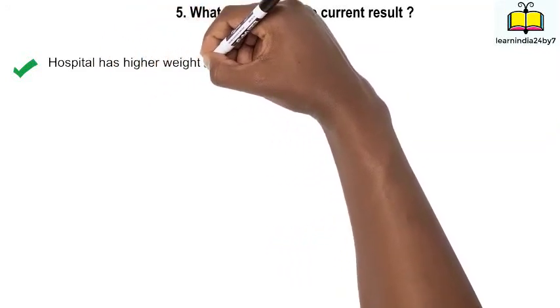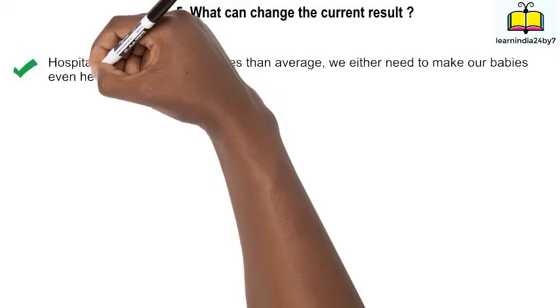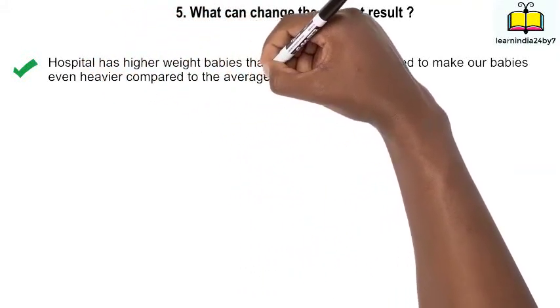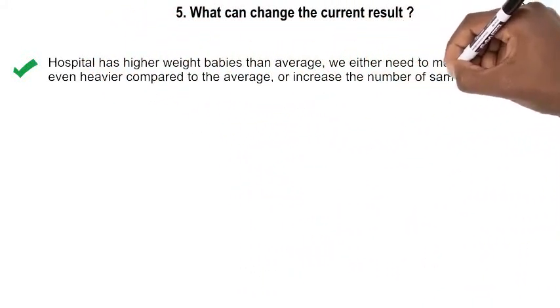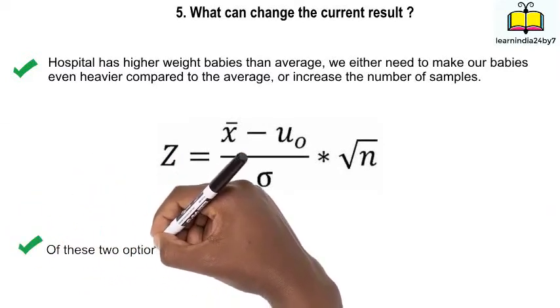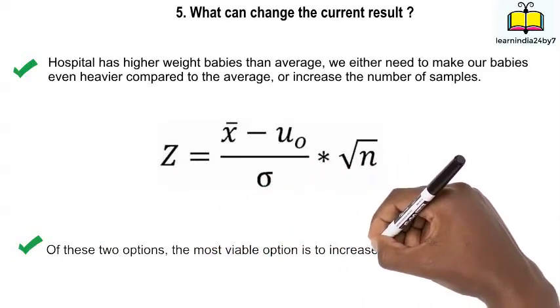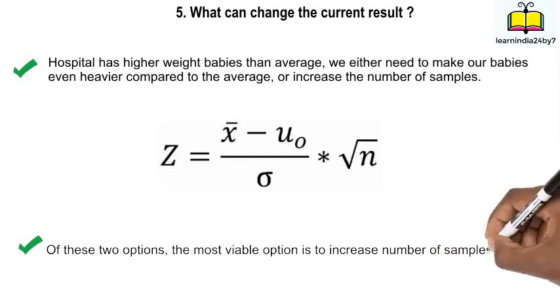In order to be more confident that our hospital has higher weight babies than average, we either need to make our babies even heavier compared to the average or increase the number of samples. Out of these two options, the most viable option is to increase the sample size.